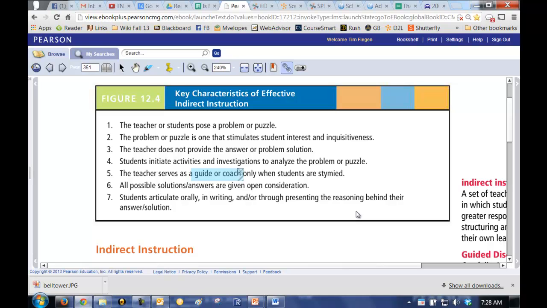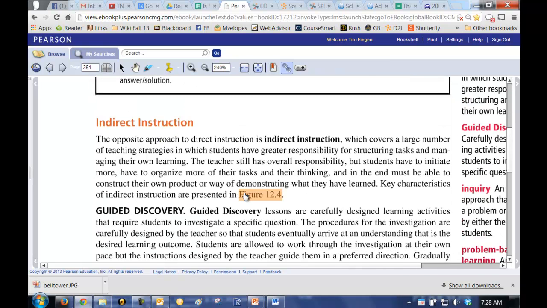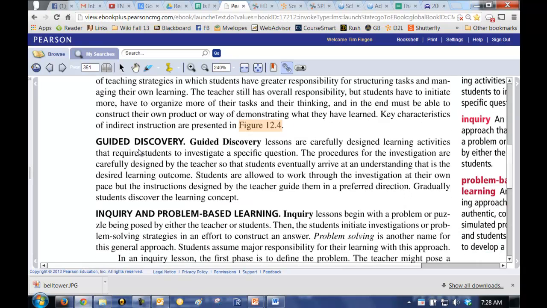They start to share. In direct instruction, the teacher carried it. Now it's a shared group. The teacher becomes just this guide or coach of learning, not the transmitter of the learning. So this is called indirect instruction, and we have guided discovery, inquiry and problem-based learning.